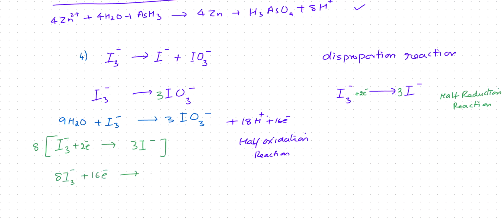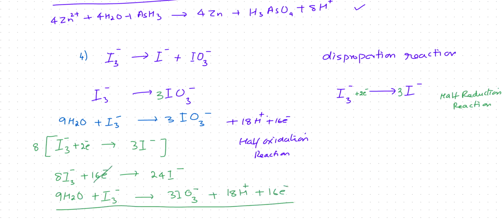And we write the first equation now. So 9 water molecules plus I3 negative gives 3IO3 negative plus 18H plus plus 16 electrons. The 16 electrons left side and right side, they cancel.